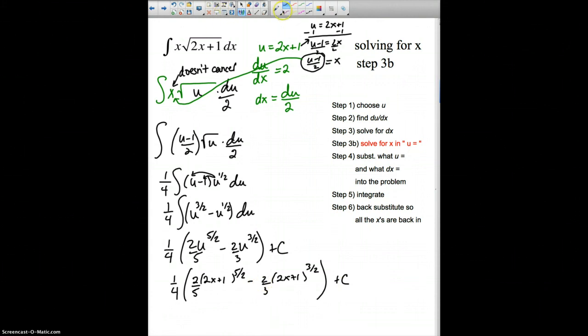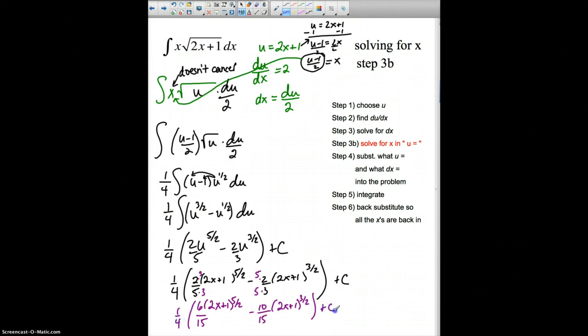X is filled in. But on the AP test, in the back of our book, they will probably factor. So they're going to get a common denominator here. Multiply by 3 over 3. Multiply this one by 5 over 5. So that's going to become 6 times the quantity 2x plus 1 to the 5/2 over 15 minus 10 over 15 times 2x plus 1 to the 3/2.